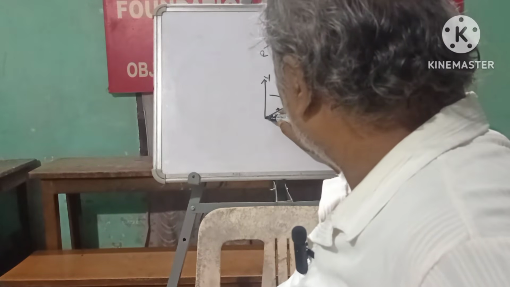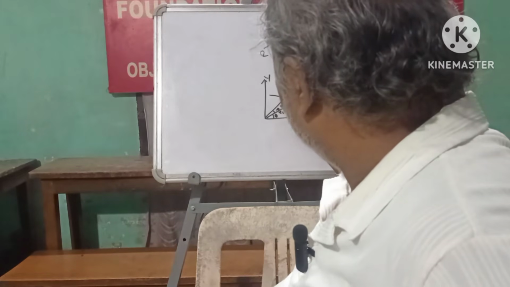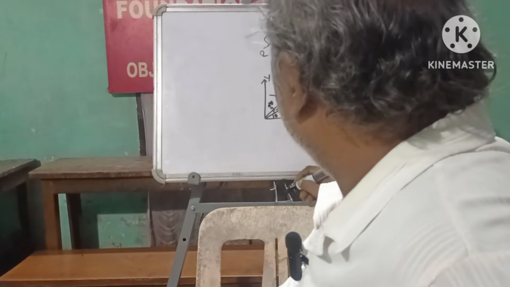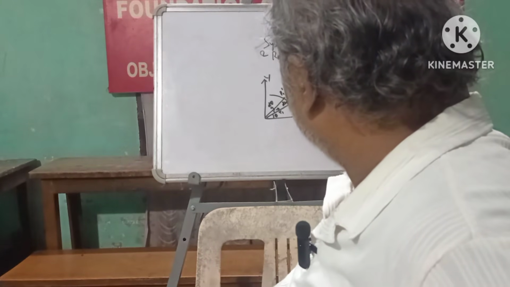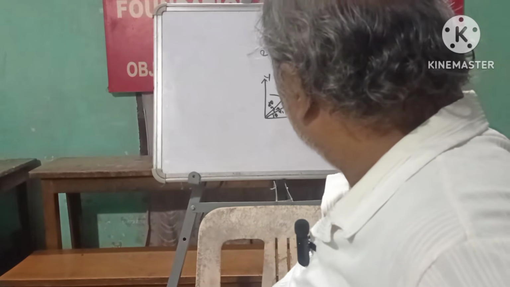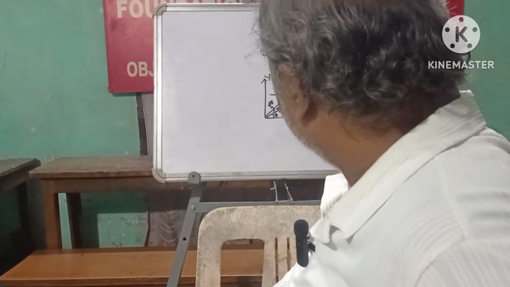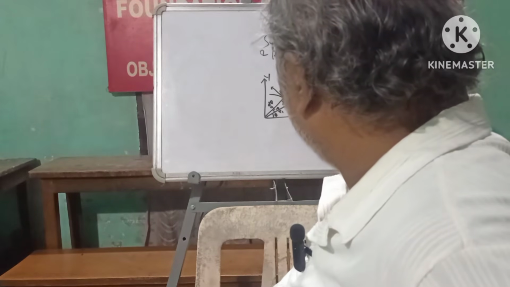Now the angular displacement is d theta, and here this is ds1, the displacement, and its direction is given by the tangent. The force and ds1 make an angle, say phi 1.